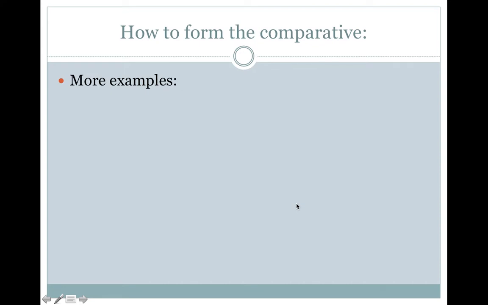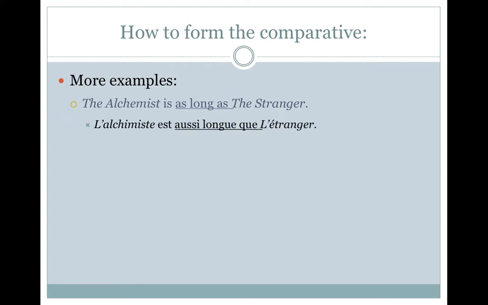Let's try a few more examples together. So if we want to say the alchemist is as long as the stranger, the key part when we're forming the comparative is to first figure out if we're going to use plus, moins, or aussi. And if we have as long as, we know that we're going to use aussi. So this is going to turn out la chimiste est aussi longue que l'étrangère.